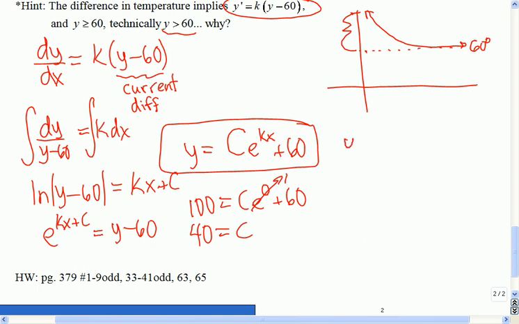Why should it make sense that my model is now this? This is the change in temperature. That's how much can decay, right? 40 degrees is how much this coffee cup is going to cool. And here's the function that's going to make it decay from 40 down to 0, right?